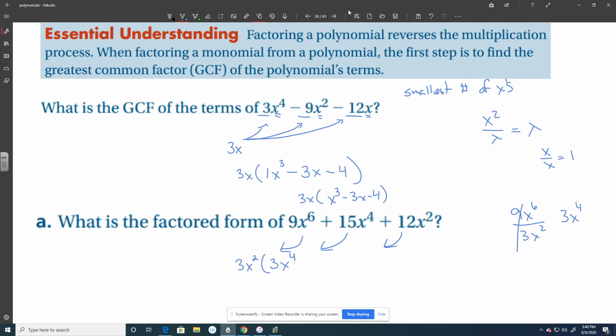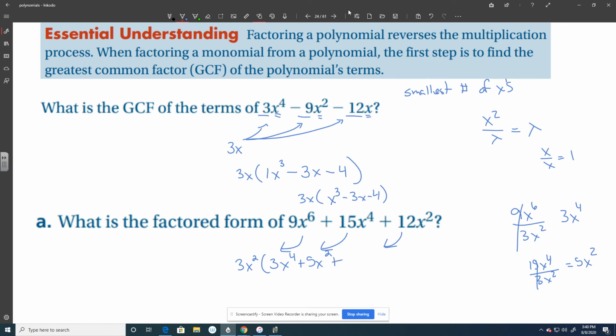Now 15x to the fourth divided by 3x squared. 15 divided by 3 is a 5. X to the 4th divided by x squared is x squared. So I just took 15x to the 4th and I divided 3x squared. So the 15 divided by 3 was 5, and x to the 4th over x squared is x squared.